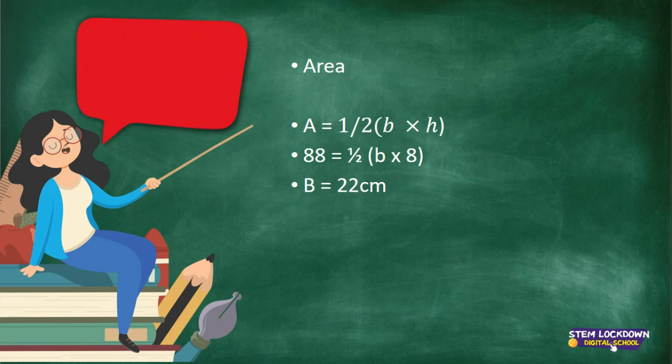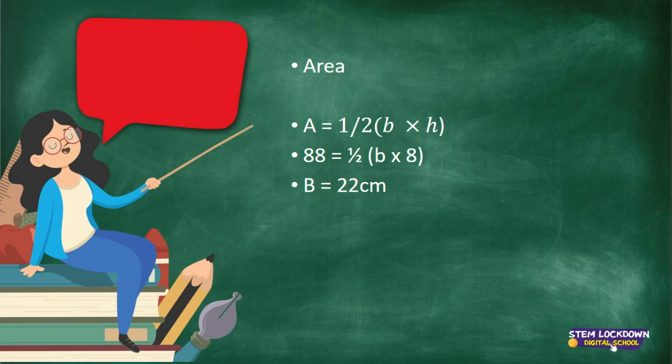If you multiply 11 by 2, you will get 22. This therefore means that your base will be equal to 22 centimeters. So your base in this case will be 22 centimeters.